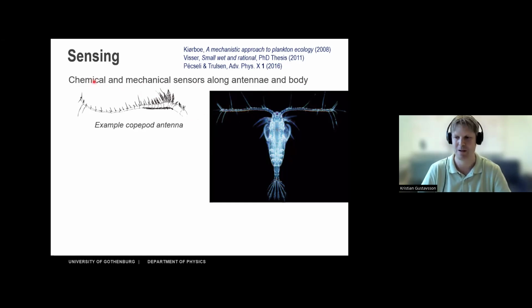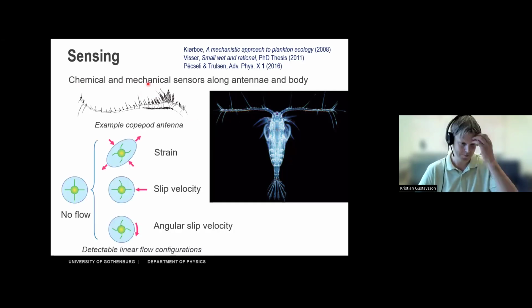And then you also have chemical cues, but I will not discuss that too much. That's the dominant signal if you're not in a turbulent environment, but when it's turbulent, it's most likely easier to navigate using mechanical sensors.